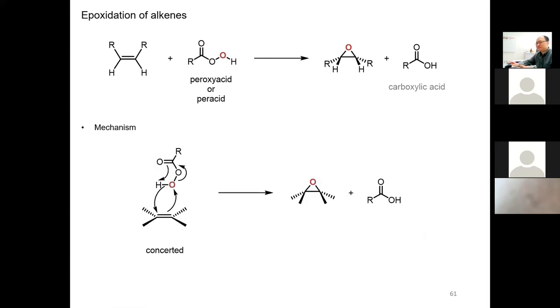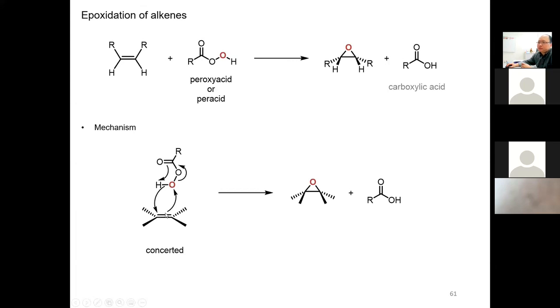And the mechanism, like the dihydroxylation, is also concerted, meaning two C-O bonds are formed at the same time. So what does it do? This oxygen is quite electrophilic, and the olefin has electrons to share.